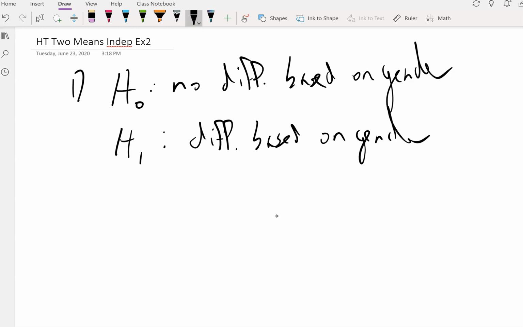The null is always the opposite of what you're trying to show. We're trying to show that there's an average difference based on gender. So mu1, let's say that's group 1, the male group, and mu2 is the female group. That's what we're testing if you want to put it in numbers. We're testing that mu1 equals mu2.